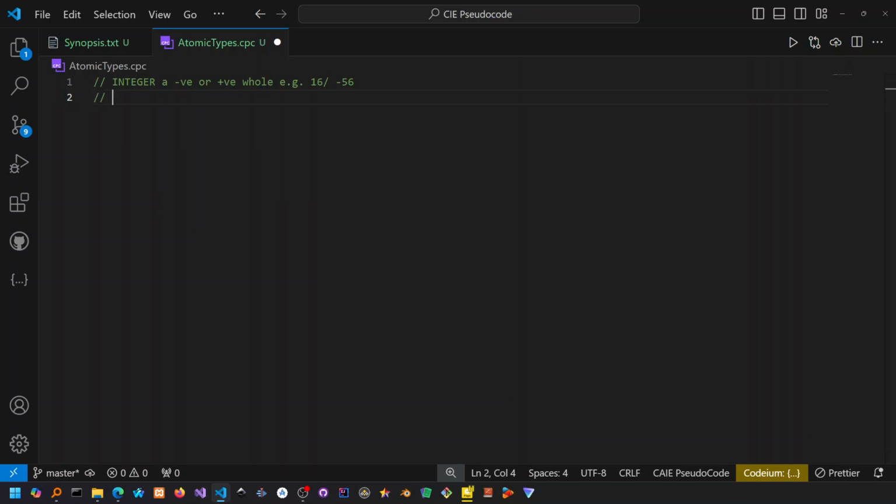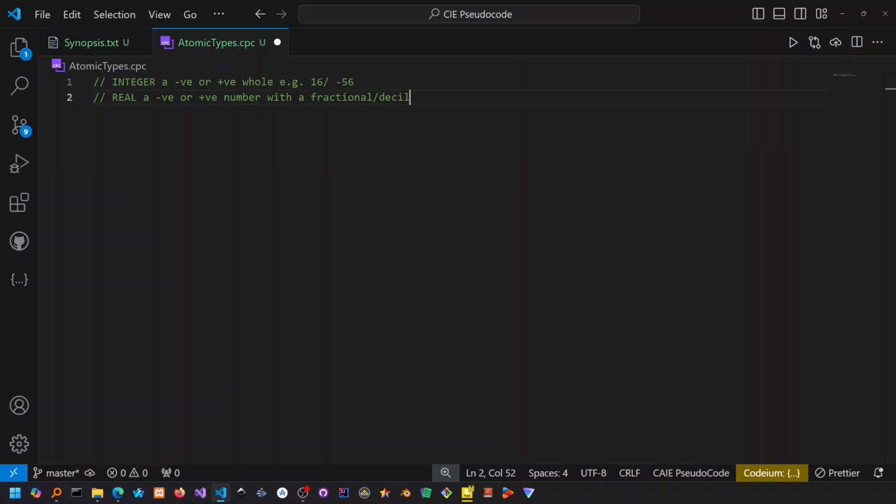Next up, we also have a real, which is another data type. So this is a negative or positive number with a fractional part.